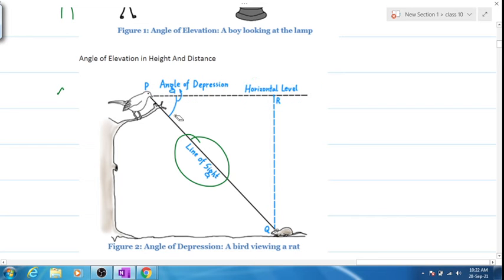And one more thing, if these two lines happen to be parallel, okay, the horizontal level and the ground level, then this angle of depression will also be equal to this angle, okay, alternate angles. Clear? Confirm yes or no if this is clear or not. Please copy this down properly.